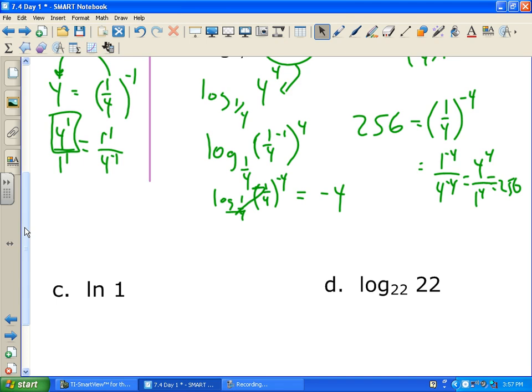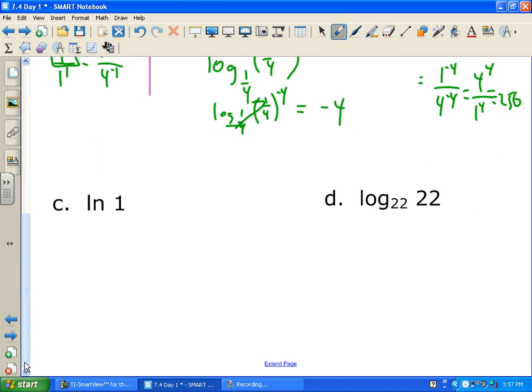Letter C. That says ln of 1. I'm going to remind you right now that ln is the natural log. That's a log base e of 1. You need to simplify this. Log base e of 1. I think it's a little bit easier to see it this way.